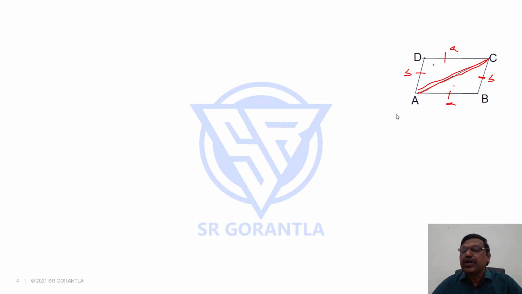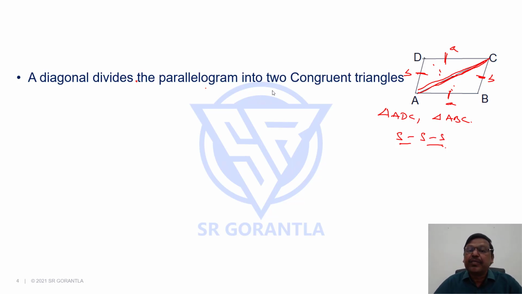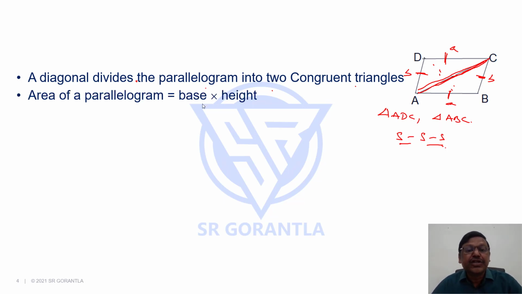If I consider these two triangles ADC and ABC, all three corresponding sides are equal or not? Because of the rule of SSS, all three sides being equal, we can say that these two triangles are congruent triangles. A diagonal divides a parallelogram into two congruent triangles, and because of this we get the area of a parallelogram as base into height.